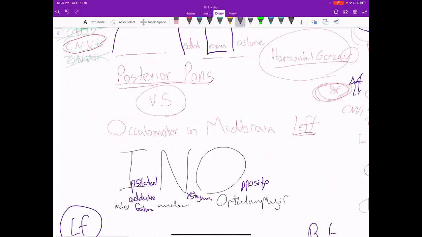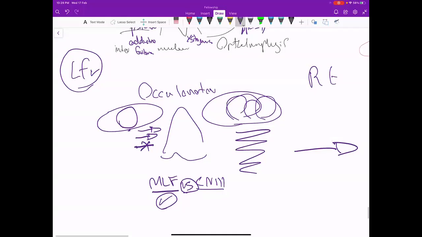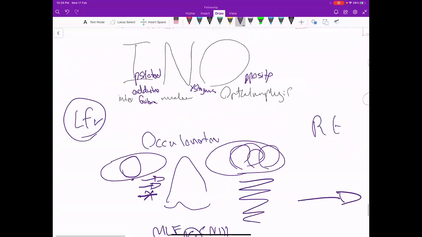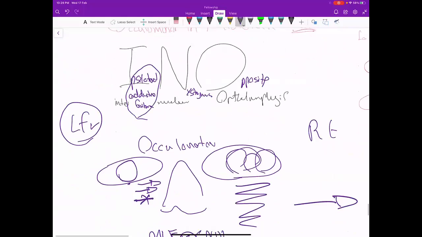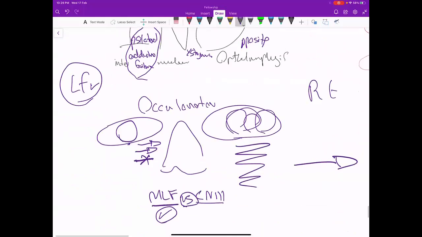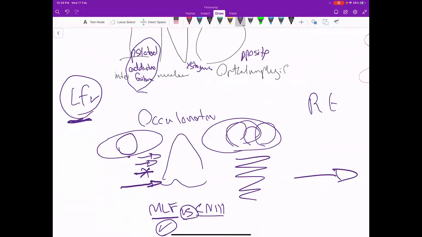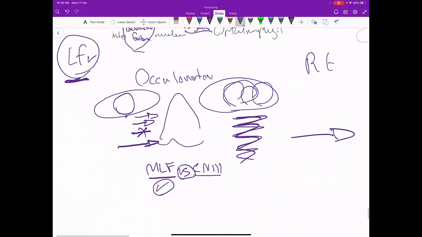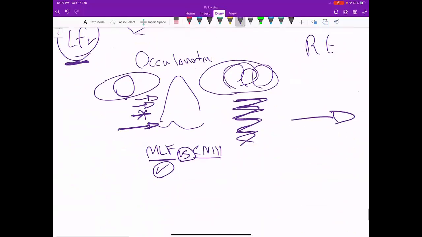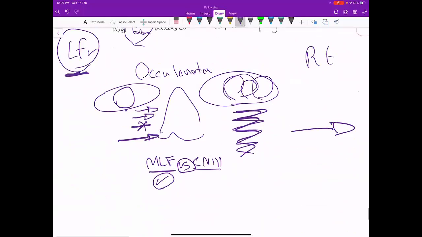So this is the left MLF. We also said with INO, we have ipsilateral adduction failure. If the lesion's on the left, the same eye cannot adduct, and I will have nystagmus on the opposite side of the lesion. Okay, clear? This is your MLF, and this is referred to as what? Left MLF failure, or do we call this left INO?